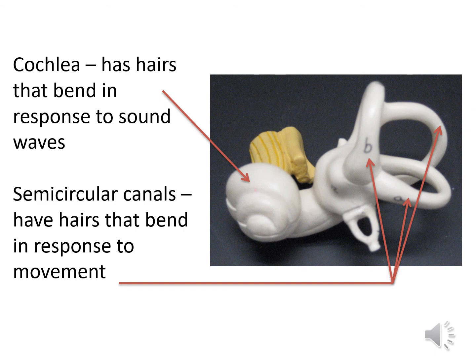Also in the same general area are 3 semicircular canals. The 3 semicircular canals have hairs that bend in response to movement. One of the semicircular canals will deal with movement in a left and right plane. If you move left and right, you can imagine the little A semicircular canal going off and hairs sloshing back and forth.